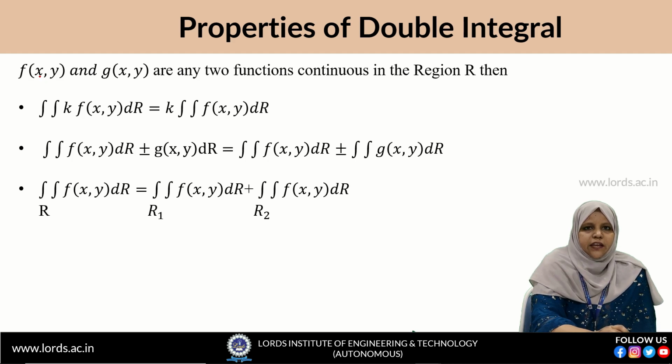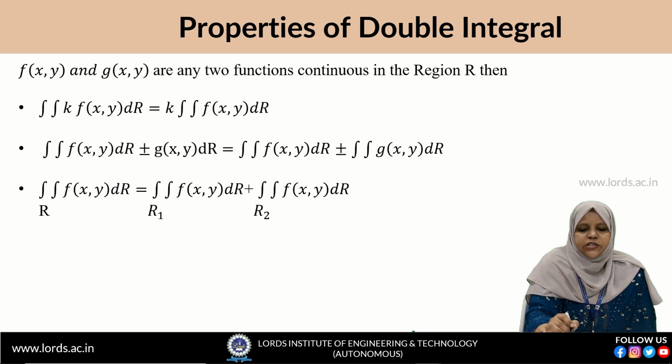Here I am taking two functions, f of x comma y and g of x comma y, which are continuous in the region R. Then the double integral of k f of x comma y dr can be written as k into the double integral of f of x comma y dr, where k is some constant. So this k can be taken out of the integral.